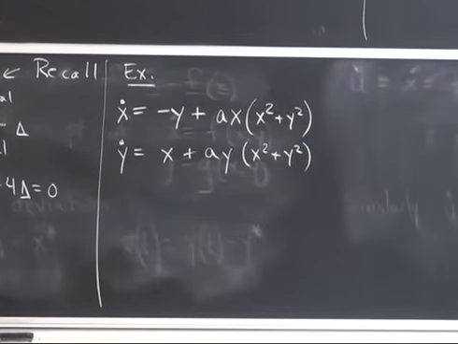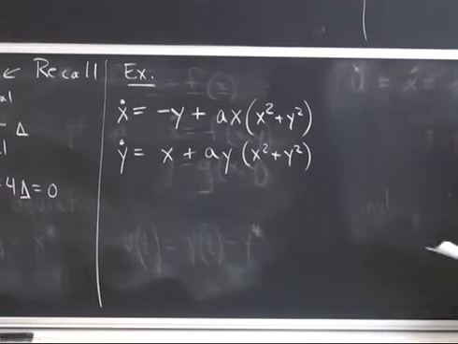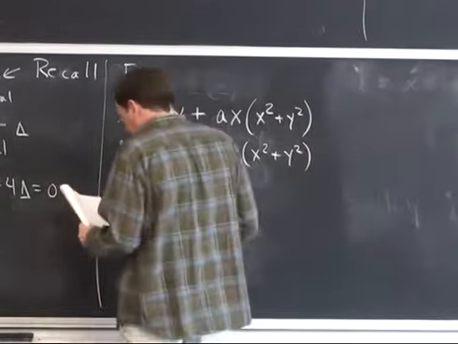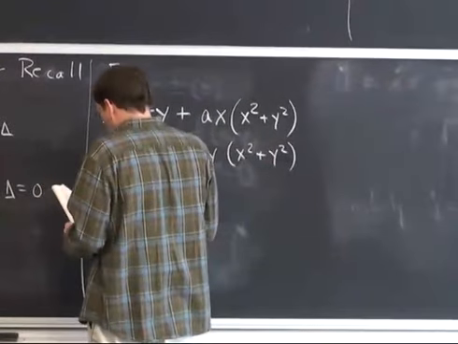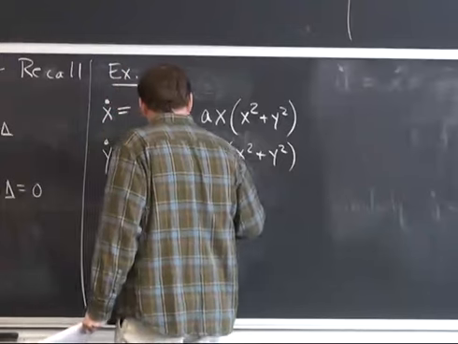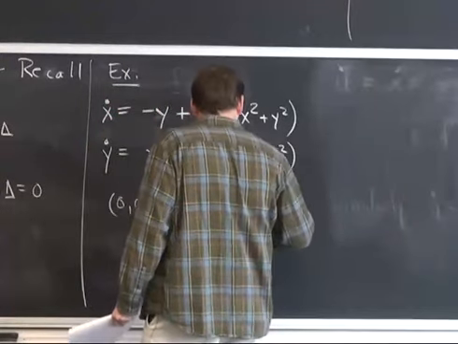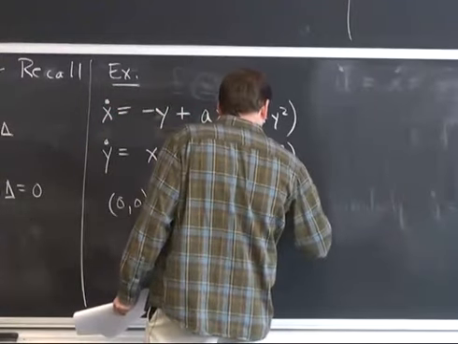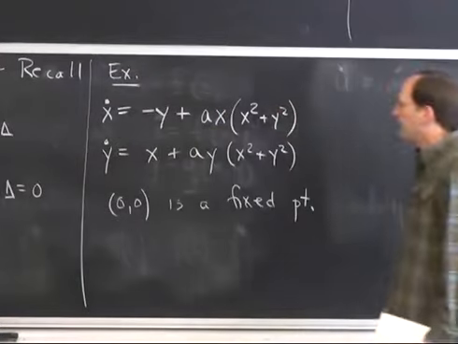You can see by eyeballing it that the origin is a fixed point for this. So (0, 0) is a fixed point.